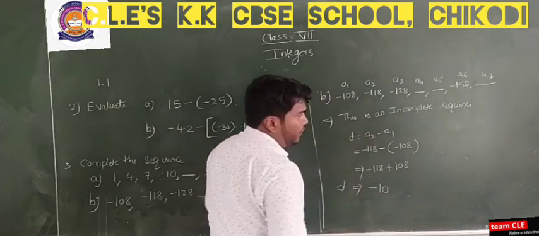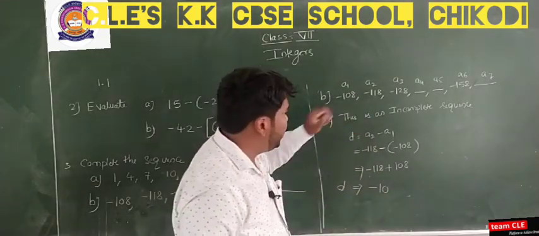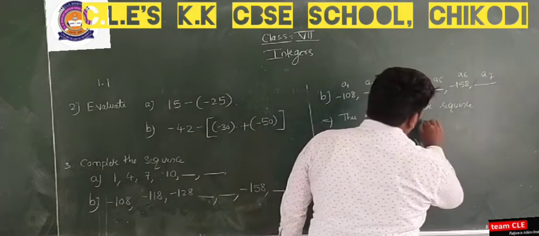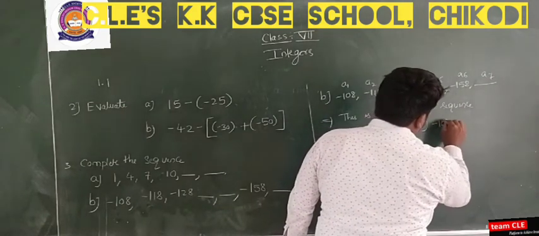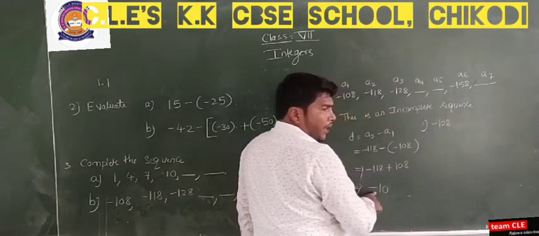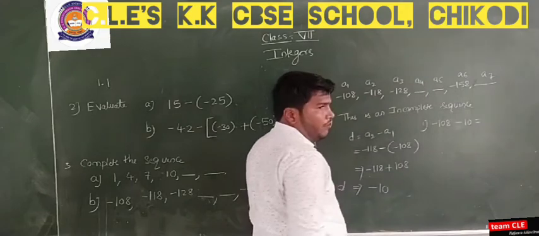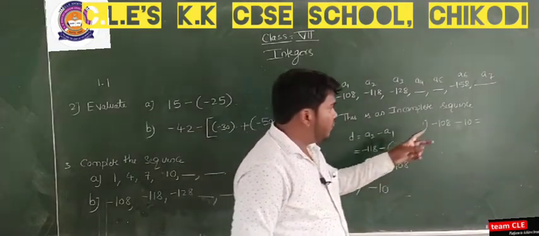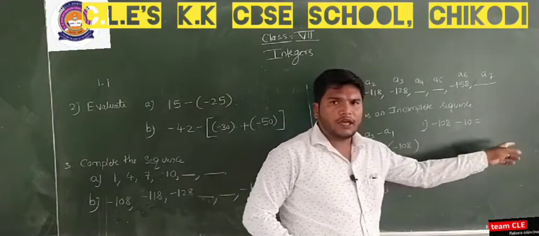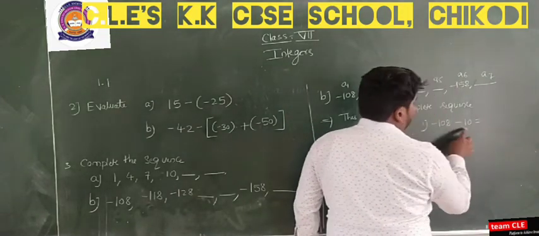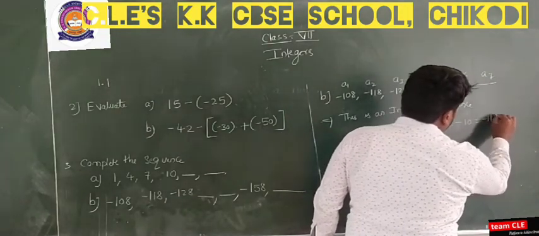Now by taking the difference, you need to find the complete sequence. The first one is minus 108, minus 10. Rule 2: whenever we add two negative integers, we get a negative integer. So minus 108 minus 10 is minus 118.